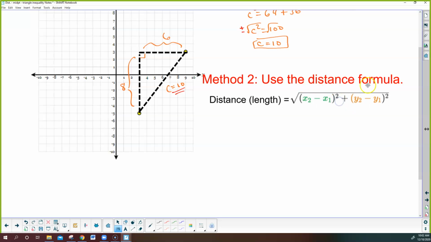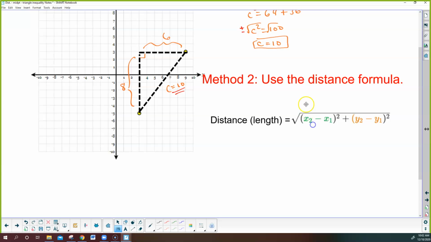We are going to use the distance formula, which is just the second method for finding the length between 2 points. What we need, though, is we need the location of those 2 yellow points. We need them in terms of x and y. So I'll give you a second to write this down, and then we'll work through it together, just so you know everything that's set up there.